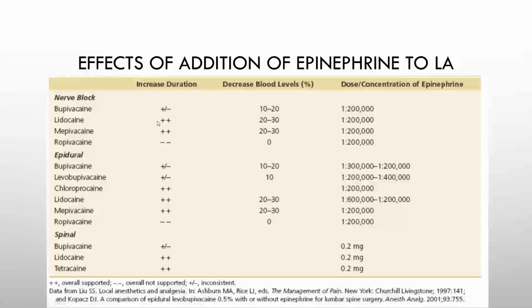Lidocaine, a lot. Bupivacaine, a lot. Ropivacaine, similar to bupivacaine. Again, similar for epidural here, same thing with spinal, and again, the drug itself is vasodilating versus vasoconstricting. Does that make a difference? Yes, it does.